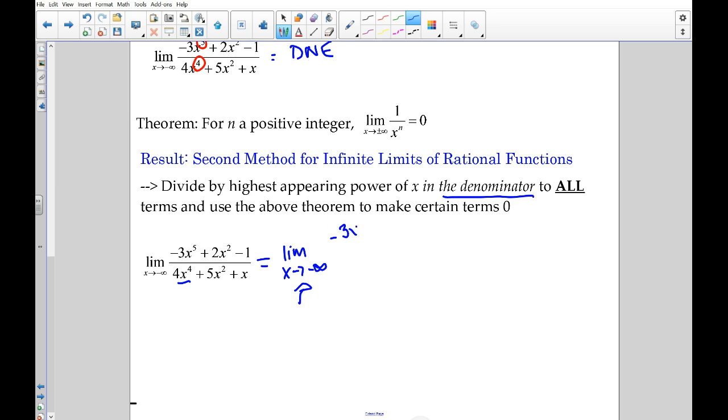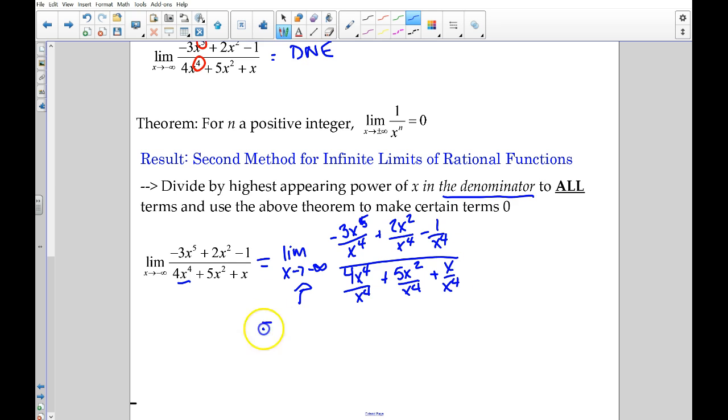Divide each and every term by x to the 4th: negative 3x to the 5th over x to the 4th plus 2x squared over x to the 4th minus 1 over x to the 4th, all over 4x to the 4th over x to the 4th plus 5x squared over x to the 4th plus x over x to the 4th. When we did that, we divided by a form of 1, so I did not change the value of the limit.